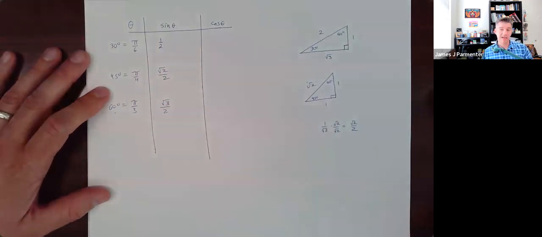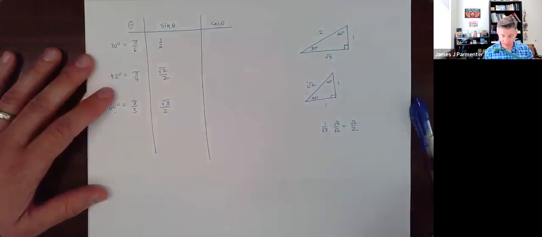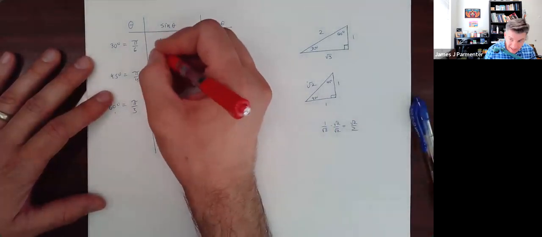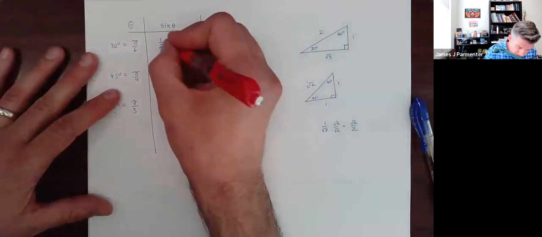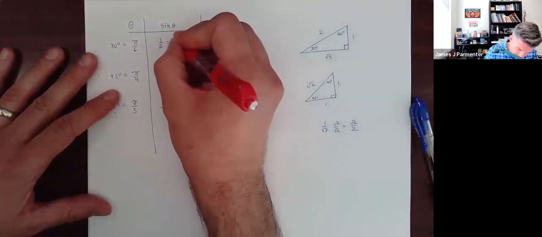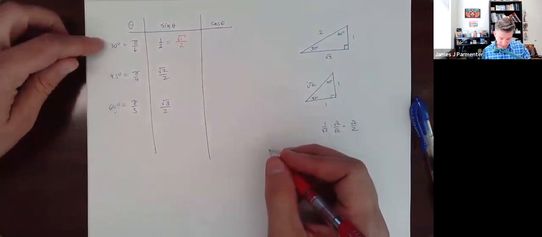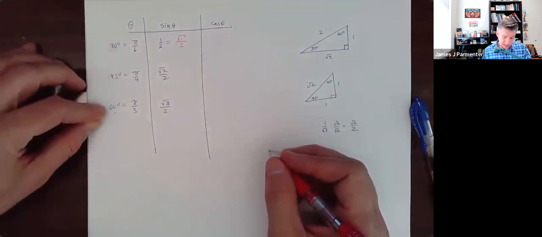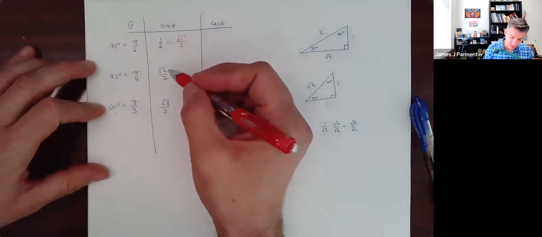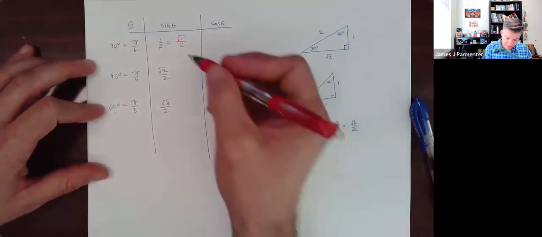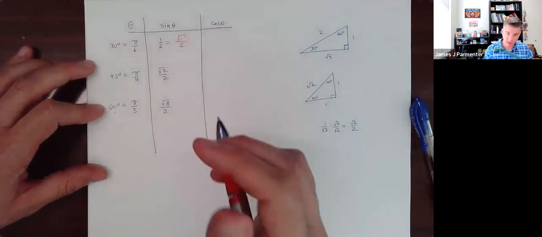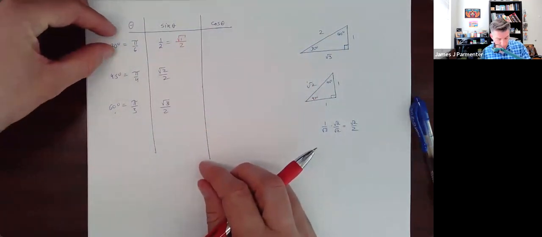And what I want to point out is these follow a pattern if you do one thing. Although I would always leave it as 1/2, if you think of 1/2 as the square root of 1 over 2, then we can see that sine of an angle, 30 degrees, 45 degrees, or 60 degrees, is just the square root of either 1, 2, or 3 all over 2. And the numbers inside the square root increase by 1 as you go from one important angle to the next.